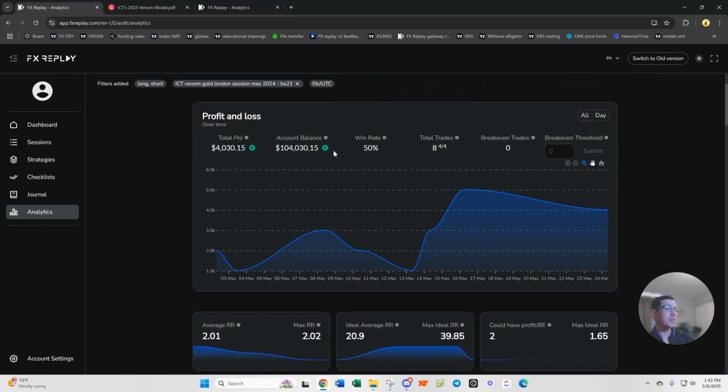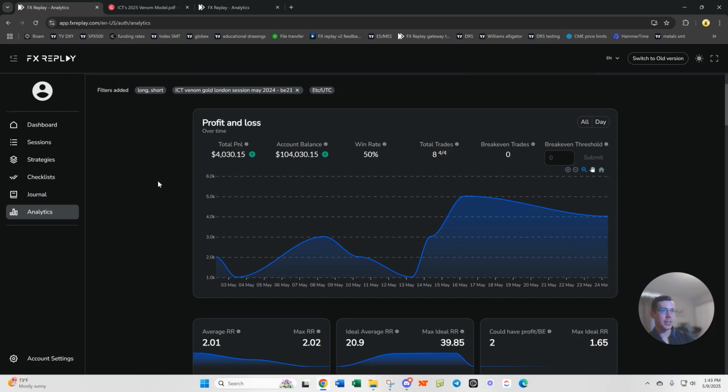So pretty similar results using the same model with the 3-minute time frame during London session with gold. We definitely did have a little bit of drawdown here. I think we went down about 2R. We had a couple losses in a row, but then a couple wins to help get us back on track. So overall, we're able to profit about 4R during these 3 weeks. So maybe you can catch 3 to 6R a month potentially with a strategy like this.